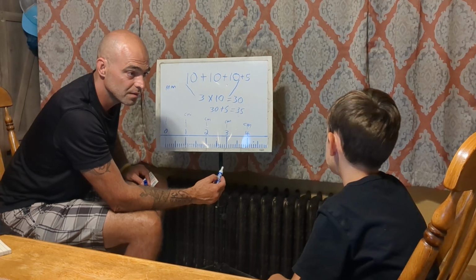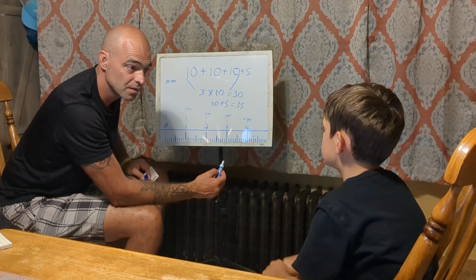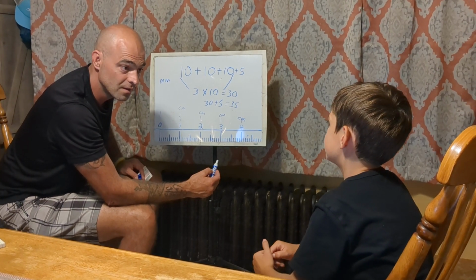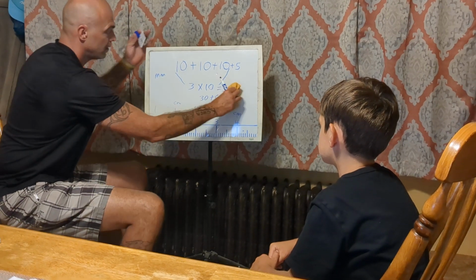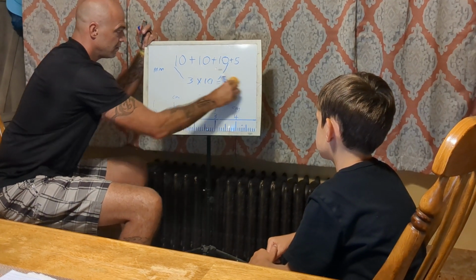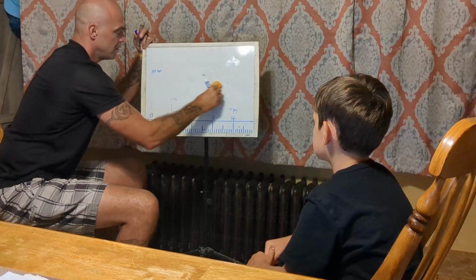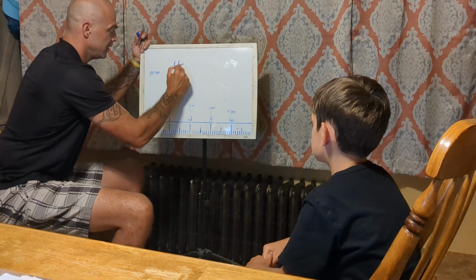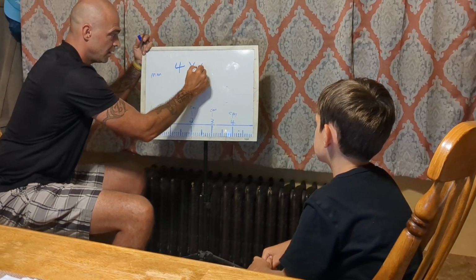You came up with that? 43. How did you come up with that so fast? 10, 20, 30, 40, and then 3. Yeah. So basically what you're doing is taking 4 groups, right? 1, 2, 3, 4. 4 groups of 10.